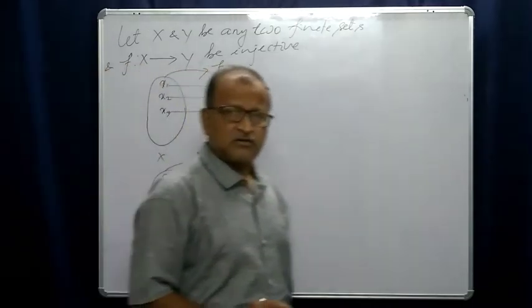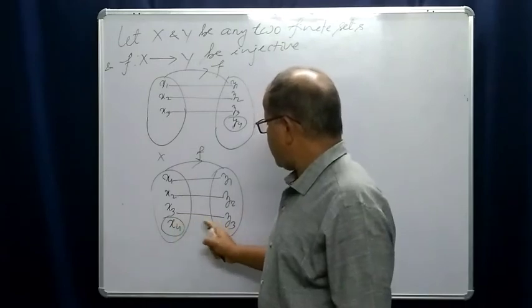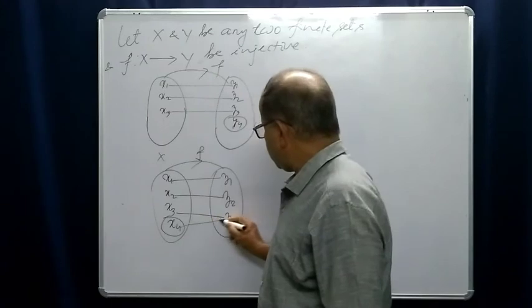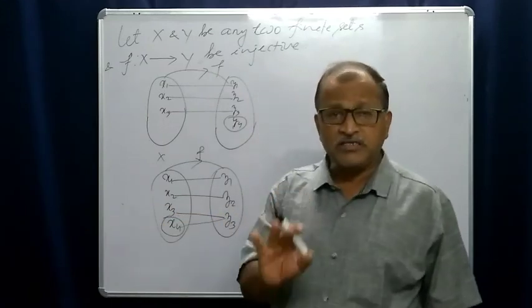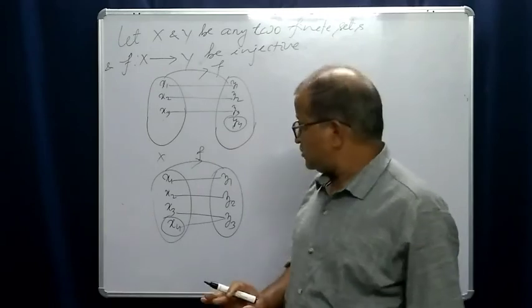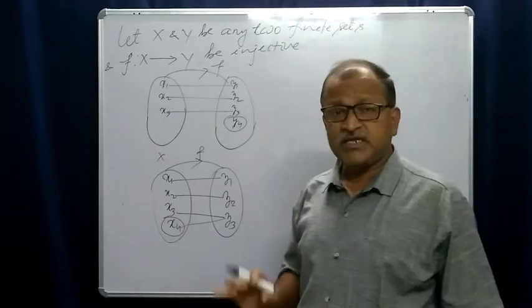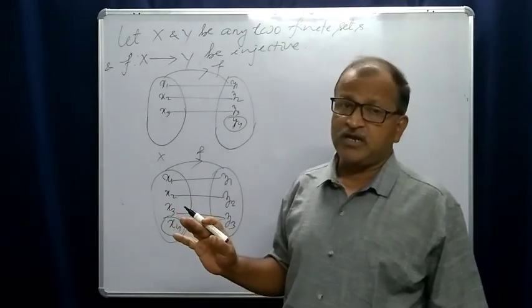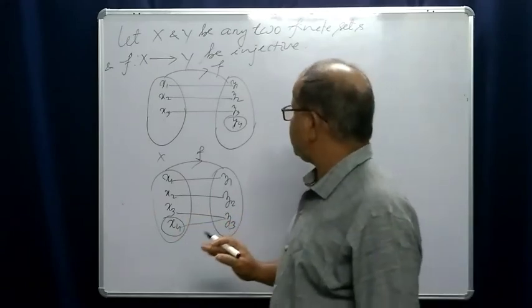You cannot find an image of x4 here, because if you join it to this or somewhere here, then it is no more an injective function. So when cardinality of x is greater than cardinality of y, we cannot form an injective function.